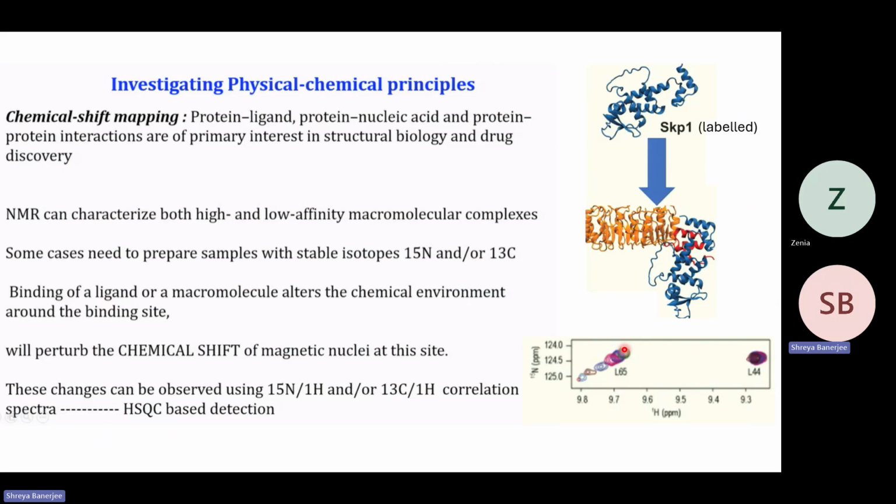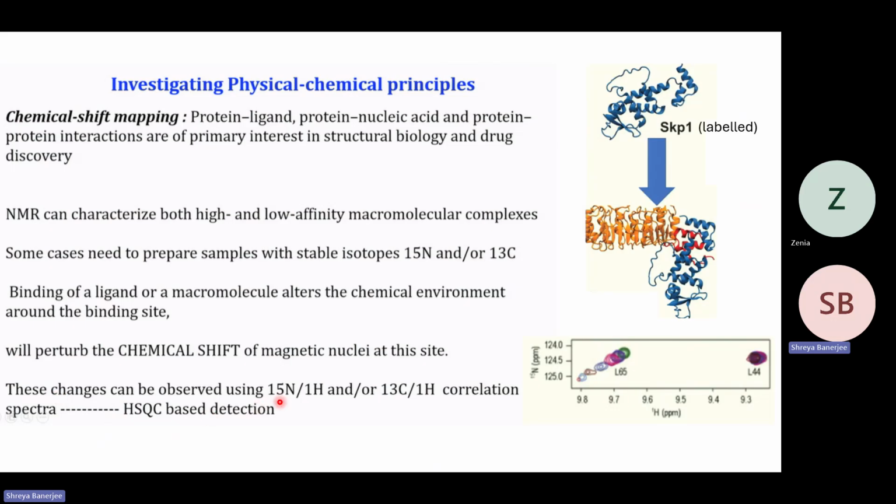So here, if the original position of this leucine 65 was at green, then as it is binding, it is shifting more and more away from that. So leucine 65 must be in the binding site because its chemical shift is changing so much. But leucine 44 remains in the same place, so it's not part of the binding site.